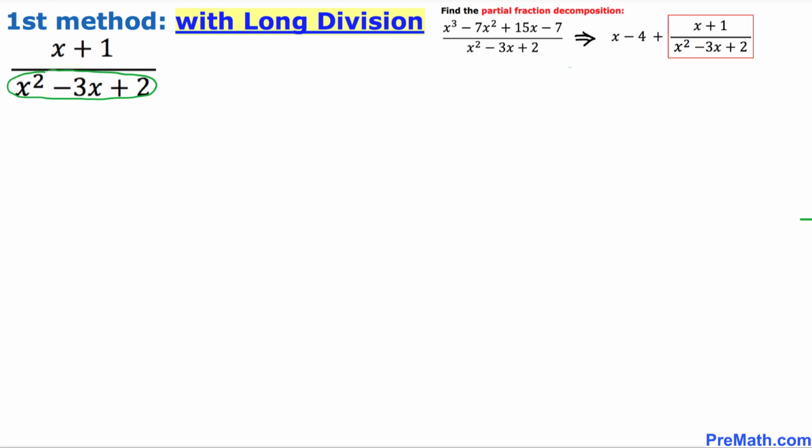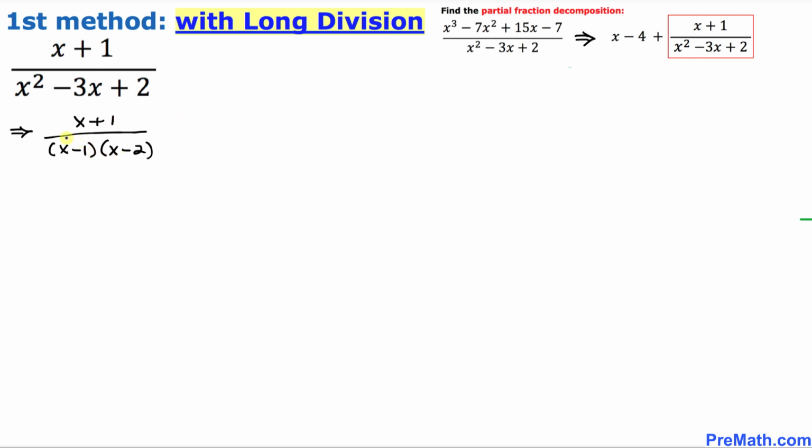Let's go ahead and do that. The denominator can be written as x minus 1 times x minus 2, and on the top, x plus 1 is going to stay the same.